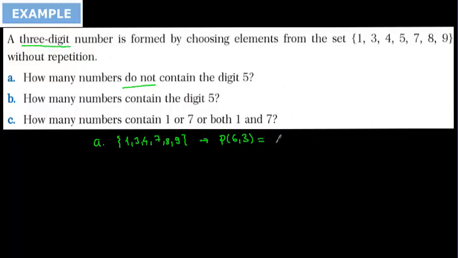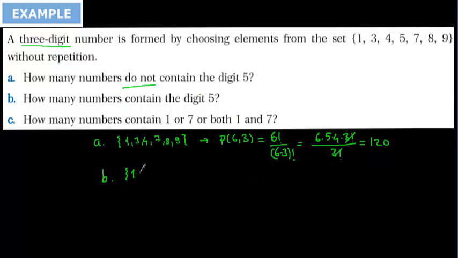Permutation 6 with 3 is equal to 6 factorial over 6 minus 3 factorial, which is equal to 6 times 5 times 4 times 3 factorial over 3 factorial. 6 times 5 is 30, times 4 is going to be 120. Part B: in how many numbers contain the digit 5?